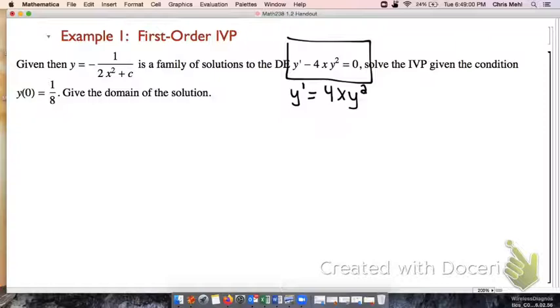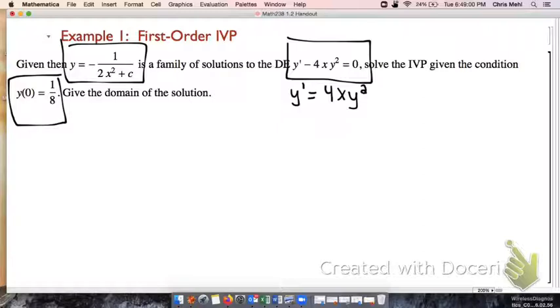This is what is called a separable differential equation, and it's probably the type of differential equation we will learn how to solve first. When you solve for that, you're going to get a family of solutions with one arbitrary constant because it's a first order differential equation, and then you also have an initial condition to eliminate the parameter.